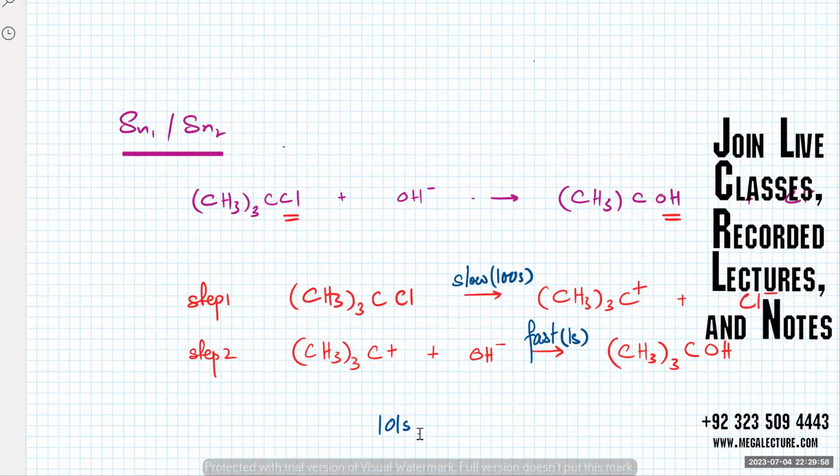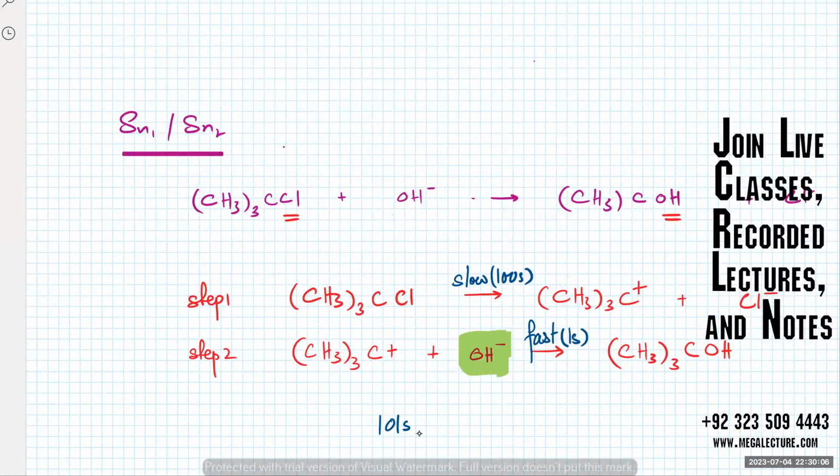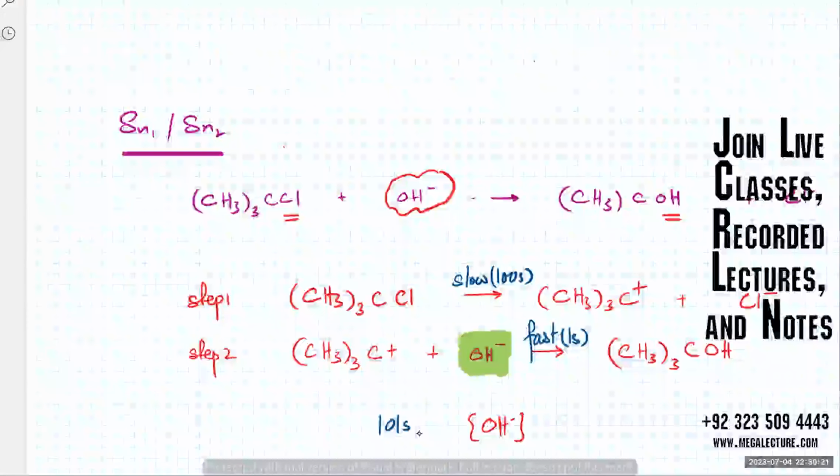Yeah, it's clear. So the point is that these OH ions, one of your reactants, I mean this one over here, is kind of irrelevant in the mechanism. Okay, OH ion is 0 order. Its concentration is 0 order.